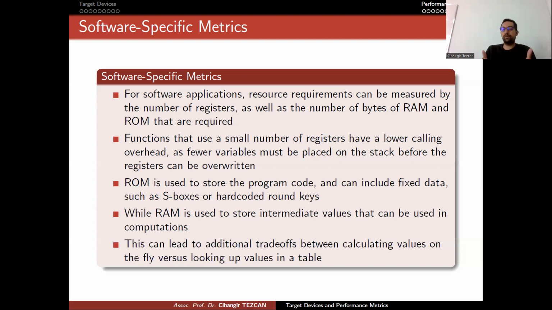And if you have enough memory, you might say, okay, I can pre-compute these results, put them in a table, store it in the ROM, and then I can use fewer operations to get the same results. This time-memory trade-off in implementations appears all the time, regardless of whether it is lightweight or not. Even for AES, we focus on different kinds of implementations on the CPU or GPU.